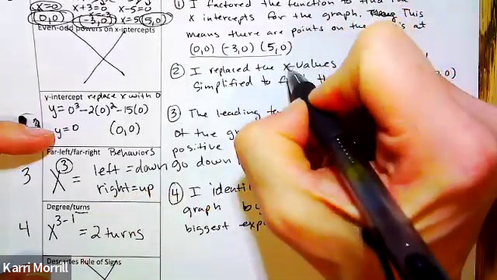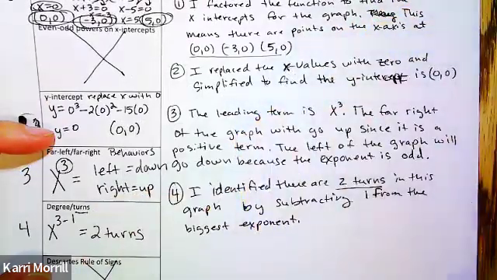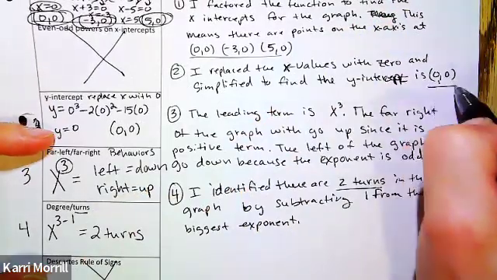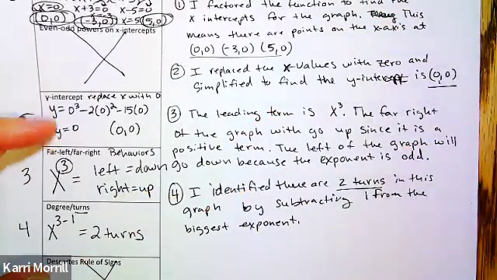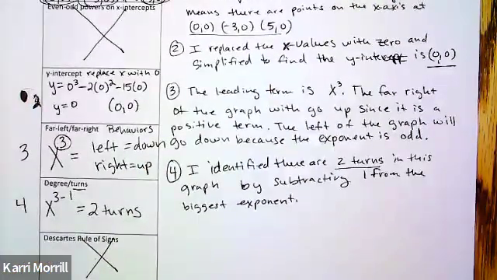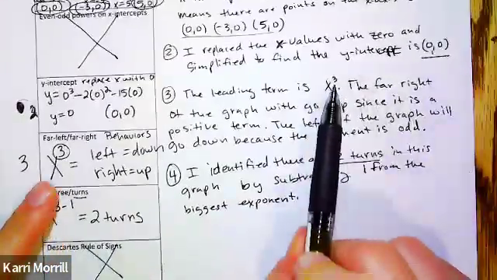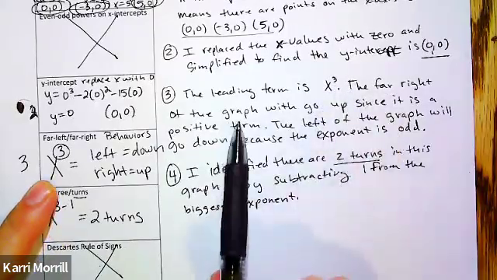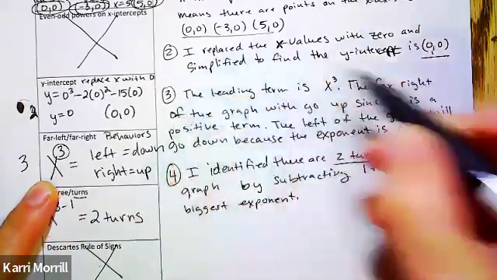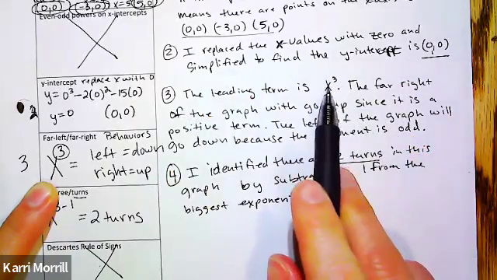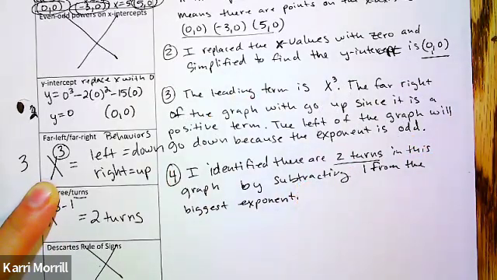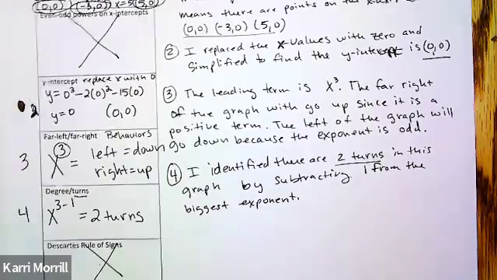I replaced the x values with 0 and simplified to find my y-intercept is (0, 0). So you need to state the y-intercept within your sentence. Don't just tell me how you find the behaviors. Tell me this leading term for this function itself is x to the third. So the far right of the graph is going to go up since it's positive. The left is going to go down because it has an odd exponent. Okay, tell me exactly what this term is.